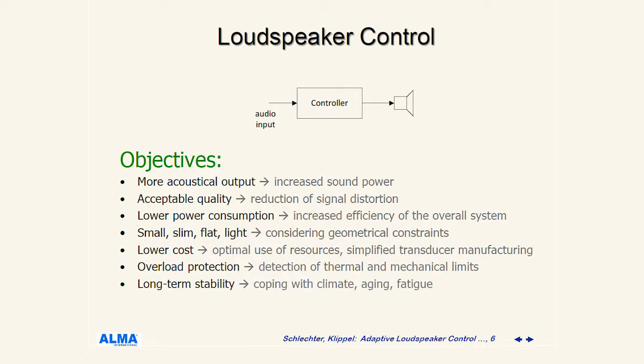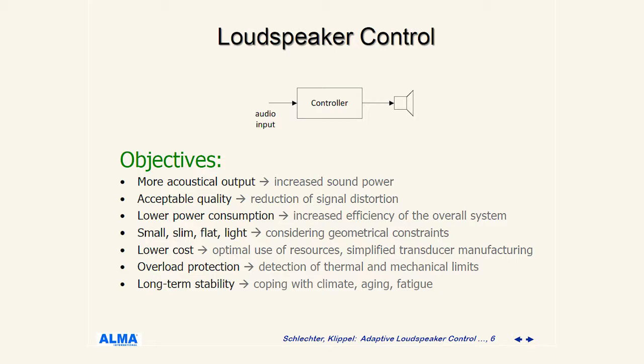From that, we can derive some objectives for loudspeaker controls, assuming we have some digital controller taking the audio input and providing it to the loudspeaker, before we implement whatever we like to fulfill those objectives. Of course, we are first interested in more acoustical output, meaning we would like to get the most passband sound pressure, and as much bass as possible, considering the physical constraints.